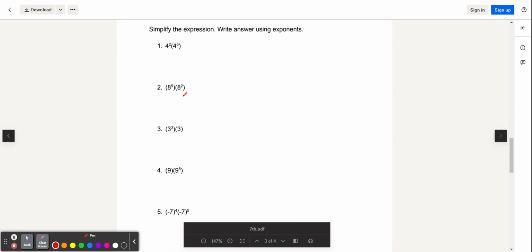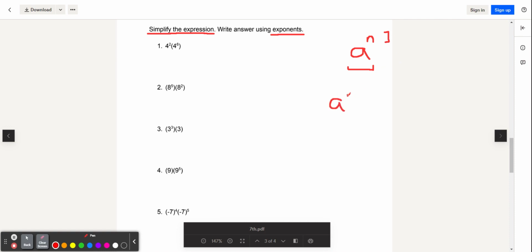In the meantime, this next page is about simplification of exponents. So we want to simplify the expression, but we're not going to just multiply it out and turn it into one big number. We're going to write the answer with exponents, saving us a lot of work and keeping it rather clean. Let's review some exponent rules. When we have a number or some variable, let's say a, to the power of an exponent n, the a is the base and the n is the exponent.